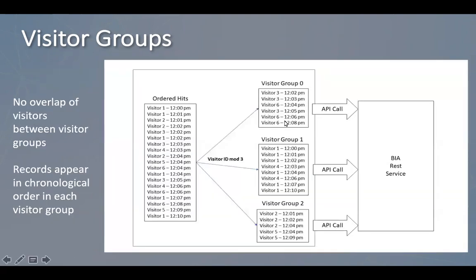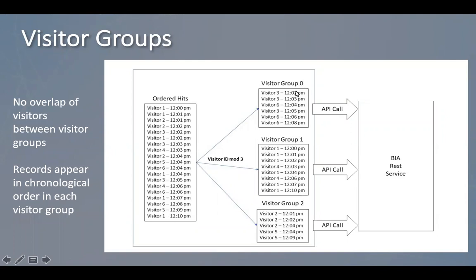So what that looks like is here is all of the data ordered by timestamp. You can see it's not ordered by visitor ID, rather by timestamp. But then what they've suggested here is that they split this into 3 different visitor groups, 0, 1, and 2.